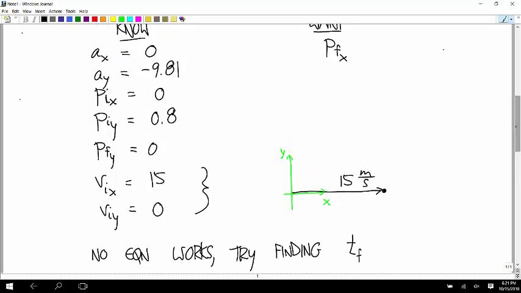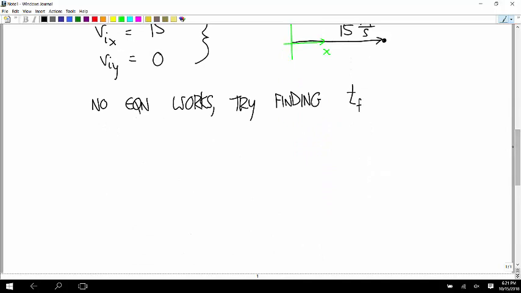Okay, so is there an equation that has TF in it and everything else in it is known? The one that works is PFY is equal to PIY plus VIY TF plus 1/2 AY TF squared.